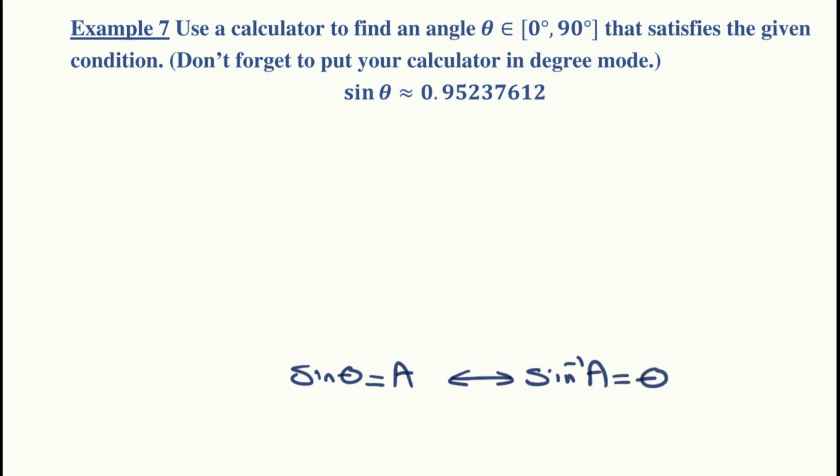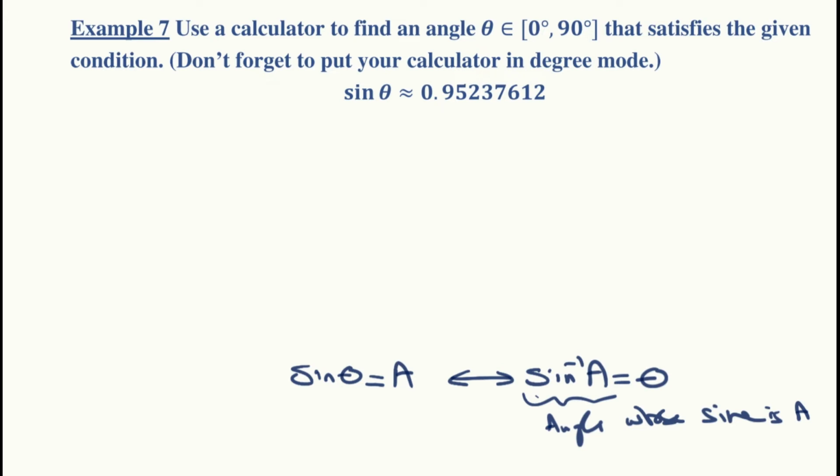So remember, the inverse sine of A means the angle whose sine is A. It has to be in a particular range, but again, we'll get into those theoretical details later.